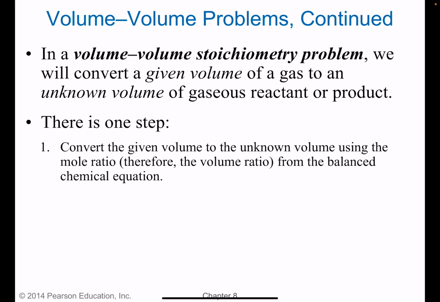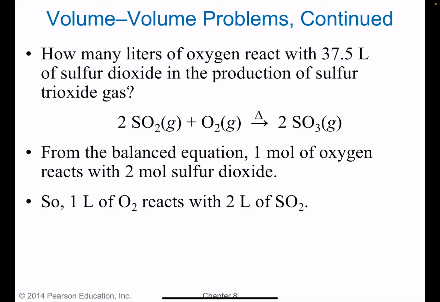So it breaks down to just one step. It really is 3 steps, but step 1 and step 3 cancel each other out. Essentially, we can just convert the given volume to the unknown volume using the mole ratio. So basically, what the coefficients are from the balanced chemical equation.